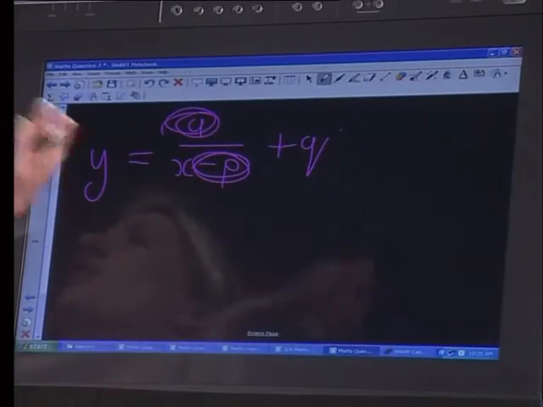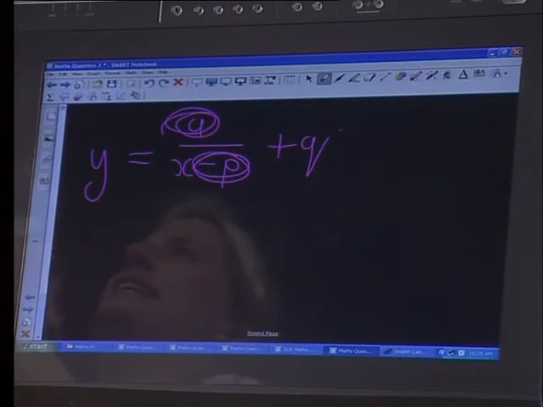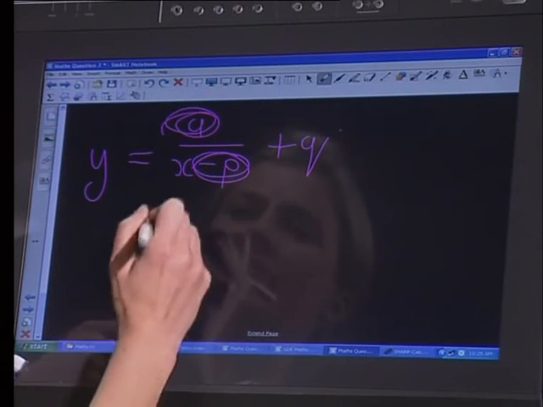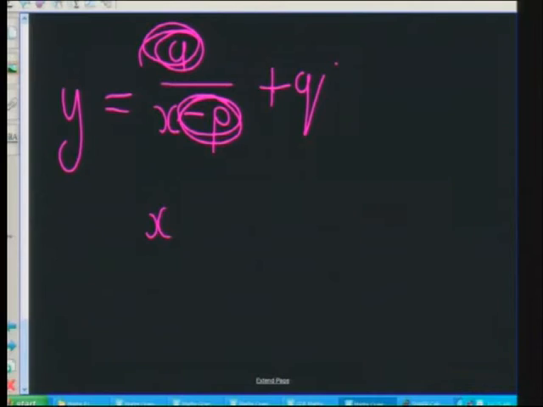It also controls the steepness of the graph, exactly the same as for the parabola. Then the p-value controls the translation left and right. So if I have in the denominator x minus 2, it means from the standard position, the graph has moved 2 units to the right, exactly the same as for the parabola.